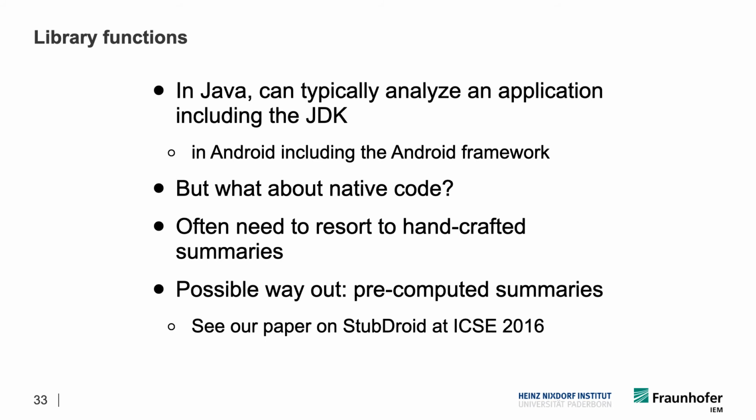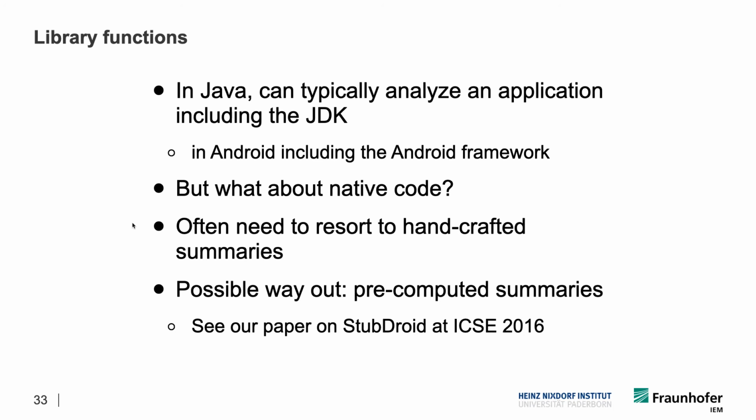Sometimes you have natively implemented methods, often implemented in C and then compiled into native binary code. And if you have a Java-based static analysis, it can't really know anything about that native code. So the question is, how do you deal with this? Often we, and also others, deal with this in a very crude way using so-called handcrafted summaries. We as experts sit down and look at the native methods that are relevant to analyzing a given program, and you can trace which native methods are called by that program transitively.